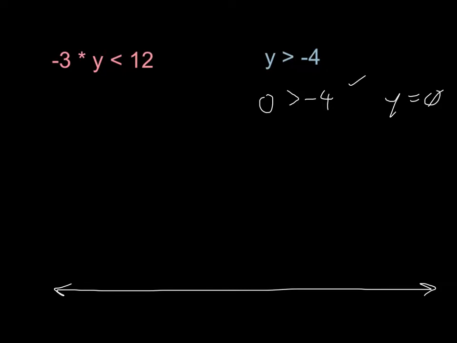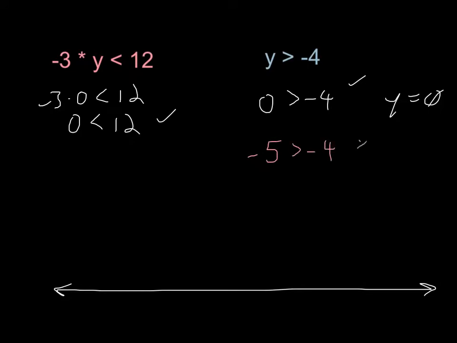On this side, I get -3 times 0 is less than 12. -3 times 0 is just 0, is less than 12. That's also true. What if I plug in -5? On the right-hand side, I get -5 is greater than -4.